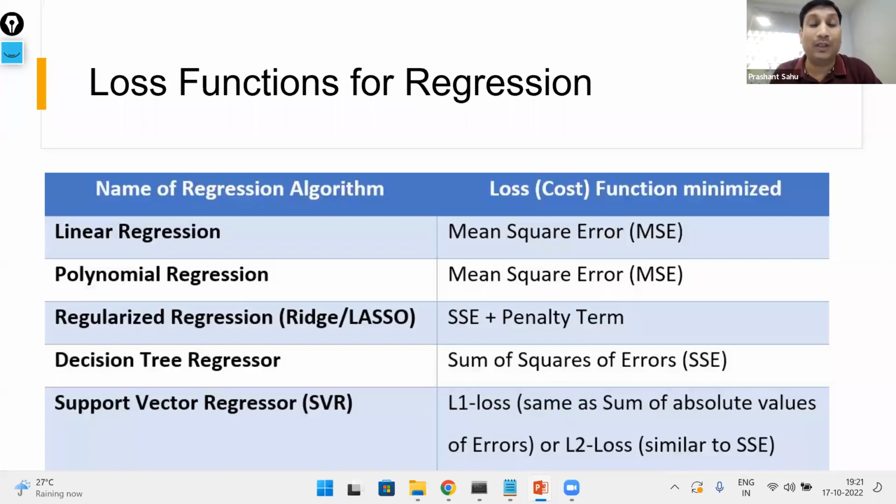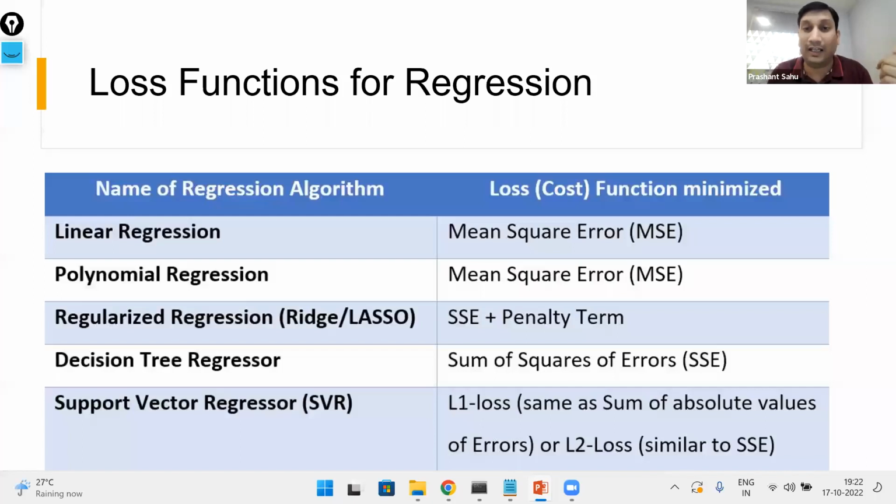Okay, so now we have different loss functions. What I'm trying to say is, in each of those different algorithms for regression problems, there are different loss functions being used. So indirectly we have got an idea that all these algorithms are using some sort of minimization. They are trying to minimize some sort of a loss function.